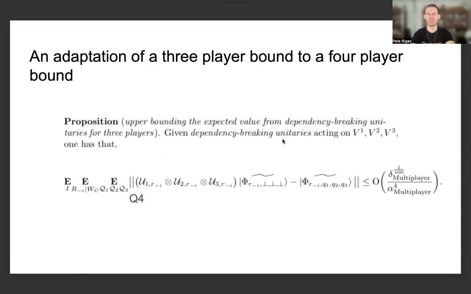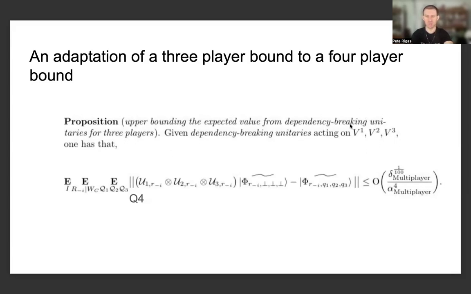And an adaptation of the three-player bound to a four-player bound is helpful because we make use of the following proposition in some of the arguments for these three main complexity theoretic results, namely the fact that we can upper bound the expected value from dependency breaking unitaries for the players.